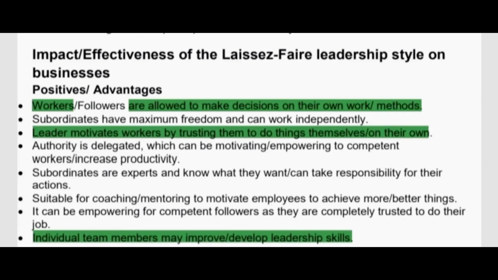Now we go to the impact of free rein. What is the impact? Workers or followers are allowed to make decisions on their own work method. That's the positive impact, whereby they are trying to improve the skills of the employees.